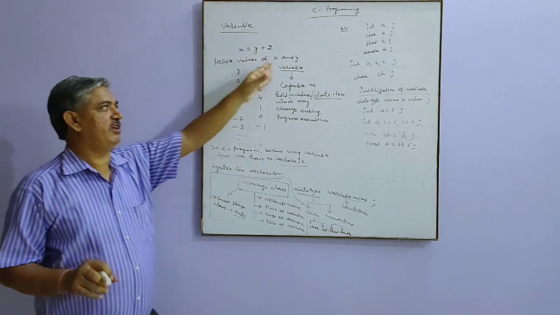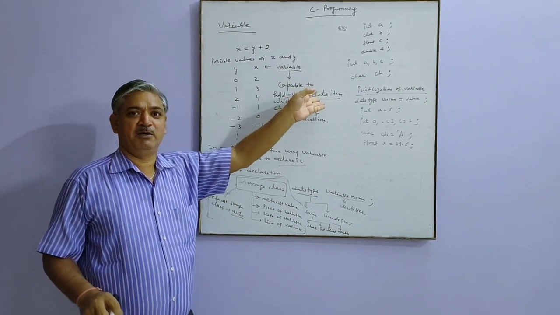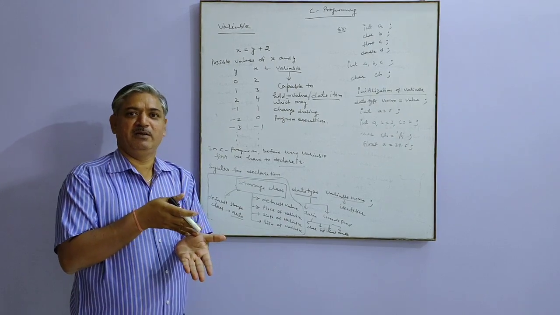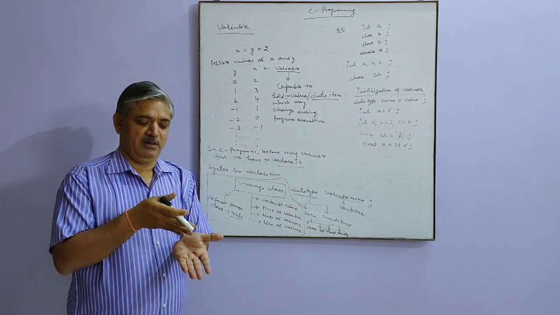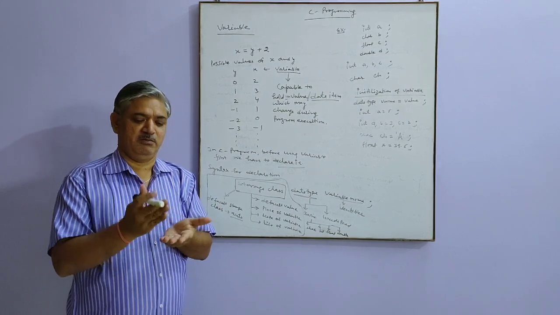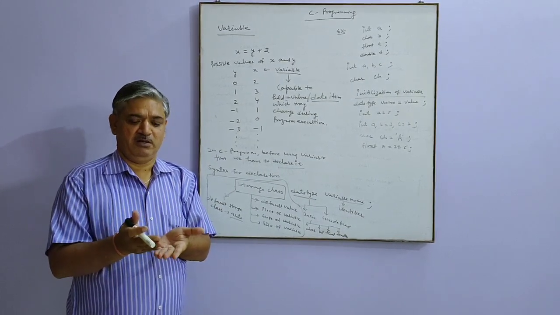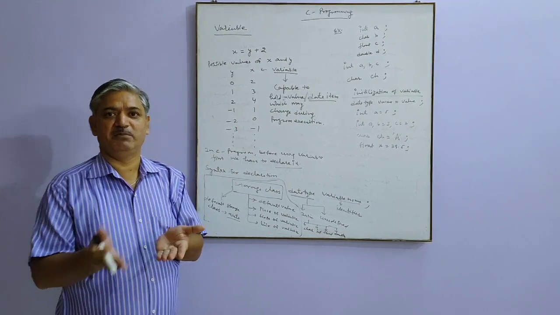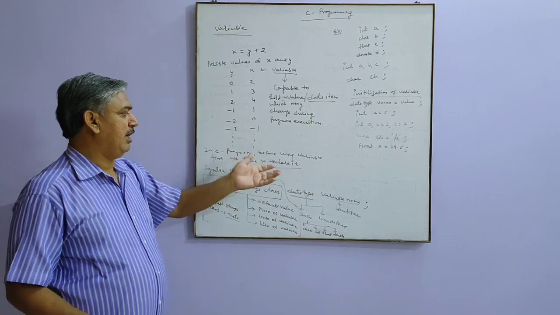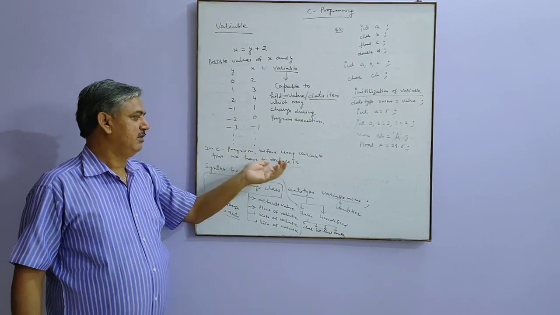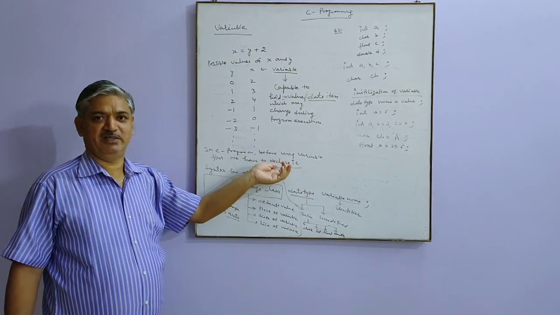A variable is capable of holding data, but when we want to store that data in memory, it needs space. Some variables need 1 byte of memory, some need 2 bytes, some 10 bytes. So how much space is required for a particular variable? The declarative statement defines that.